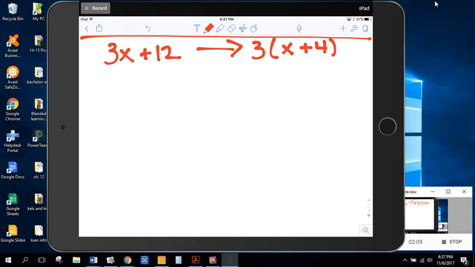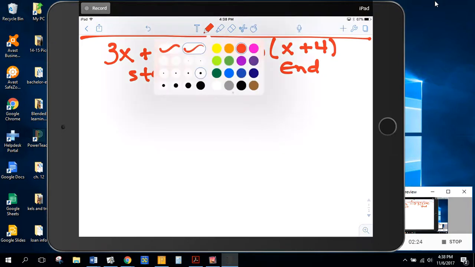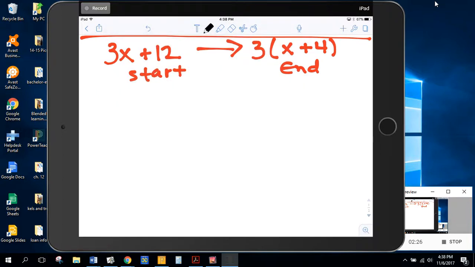So we're working backwards here, or kind of undoing the distributive property. We're going to start here this time and end here, which is the exact opposite of what we used to do. In order to accomplish this, we are going to use something called the box method.